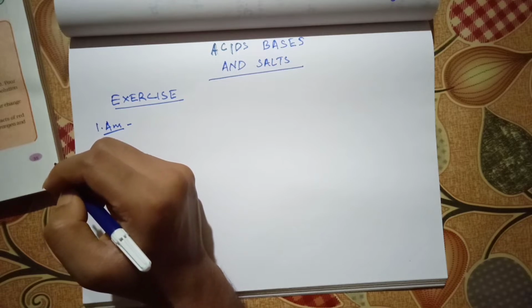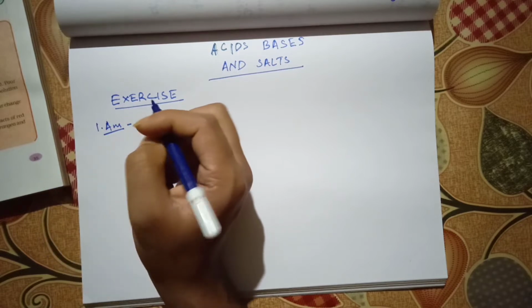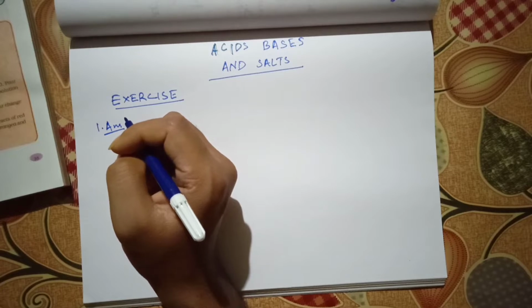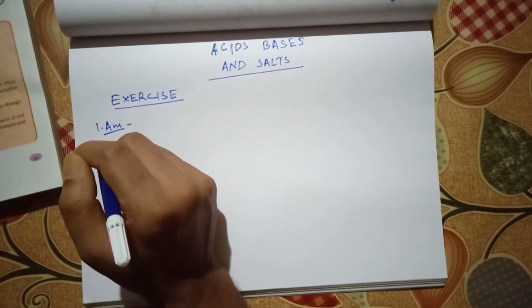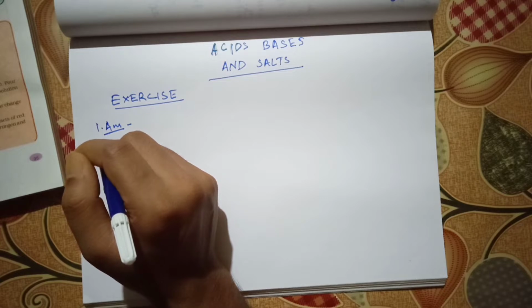In this case we have to know that a base turns red litmus blue and an acid turns blue litmus red. So a basic solution has a pH value more than 7, as we studied earlier. In that study we have known that the number 7 is the normal one.